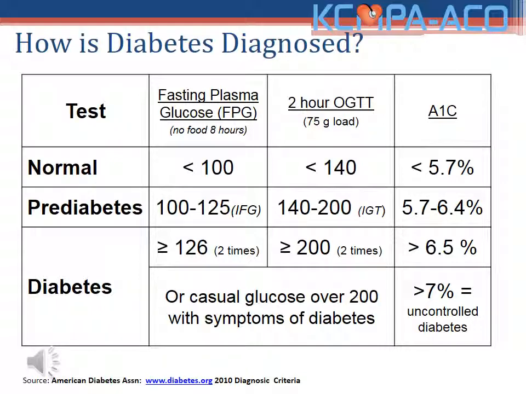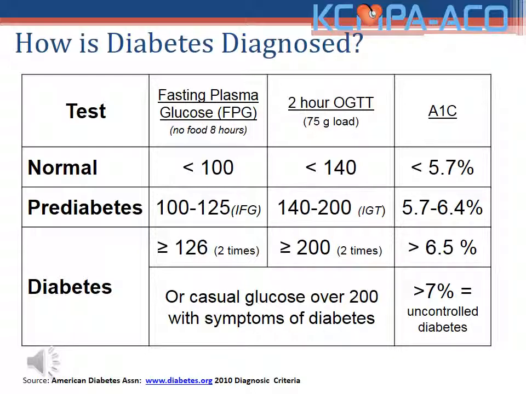The most common are the fasting plasma glucose and A1C lab tests. One or both of these tests may be performed. The fasting plasma glucose is preferred for non-pregnant adults and children. The 2-hour oral glucose tolerance test may be performed when the fasting plasma glucose is abnormal to better define diabetes.